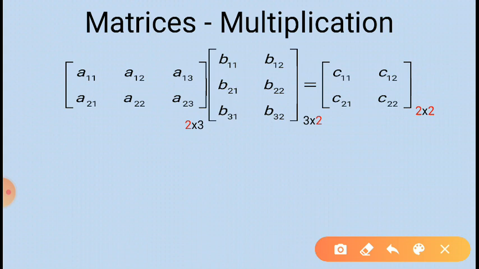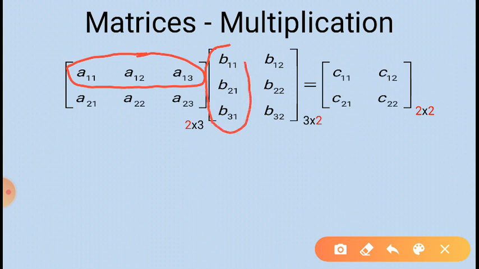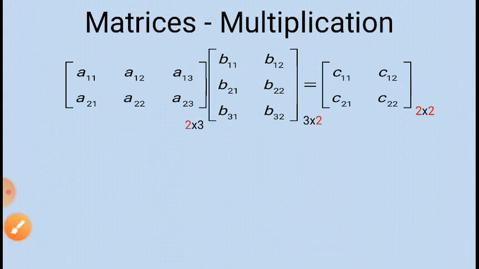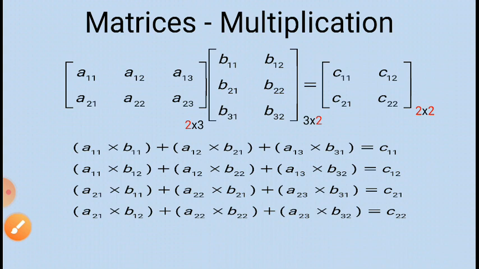The first row of the matrix will be multiplied with the first column of the next matrix to get C11. How to multiply? Here we have given A11 into B11 plus A12 into B21 plus A13 into B31 is equal to C11.